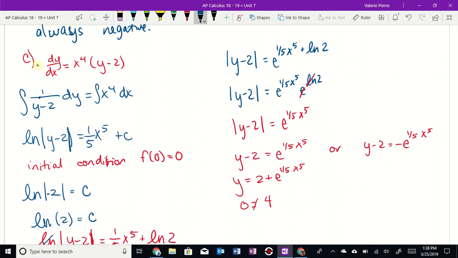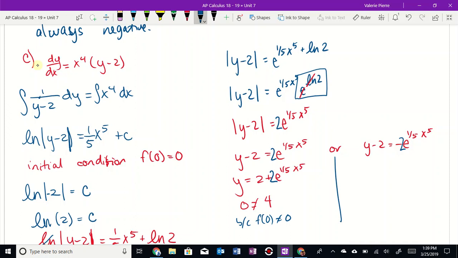So back up to here, e to the ln, the e and the ln cancel out, so we're left with 2. So I forgot to include that 2. My apologies. So then we have 2 plus 2 is 4. 0 does not equal 4. So because of our initial condition, we cannot have that side work.